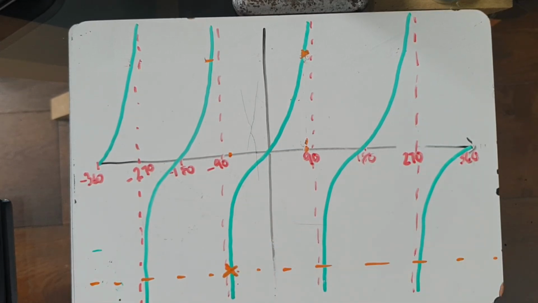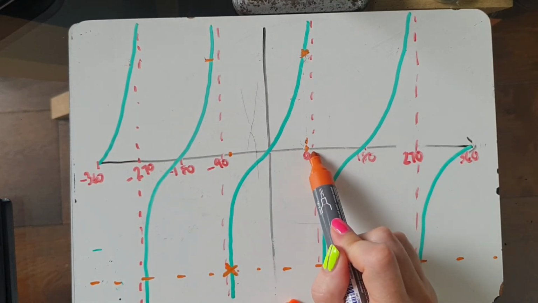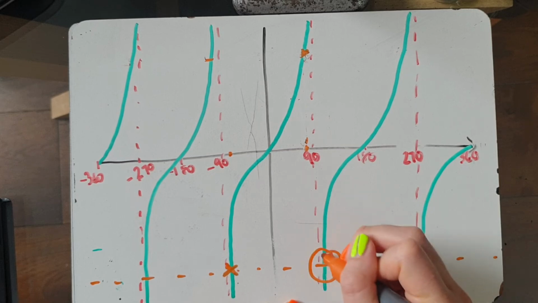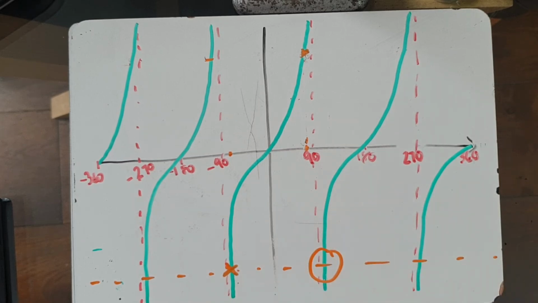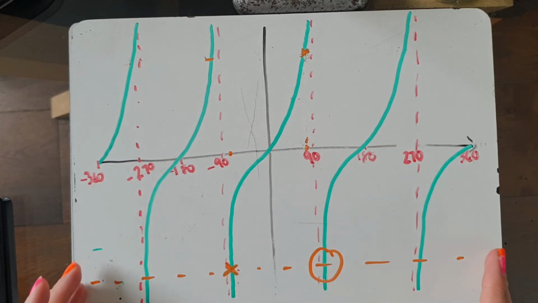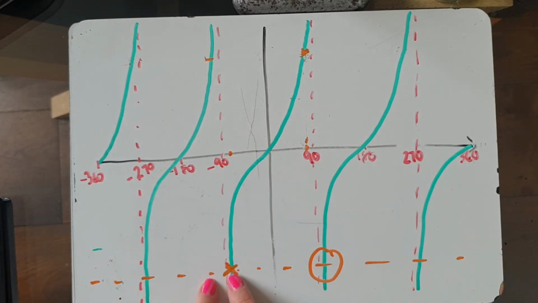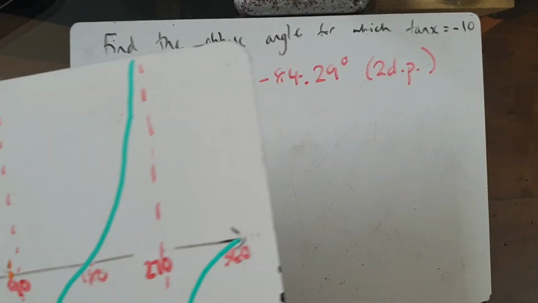And it's asked us for the obtuse angle. Obtuse is between 90 and 180, so that's going to be this one. How can we get from this value to this value? Well, the pattern repeats every 180 degrees, so we can just add 180 to this and it will move it up to this angle.